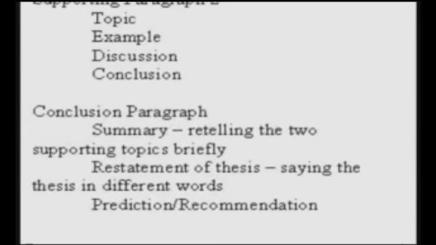Okay, and then finally comes the conclusion. Now the summary which is linked to supporting paragraph number 1 and supporting paragraph number 2, and the restatement of thesis, which is linked to the thesis at the very beginning of the essay, and finally the prediction or recommendation.